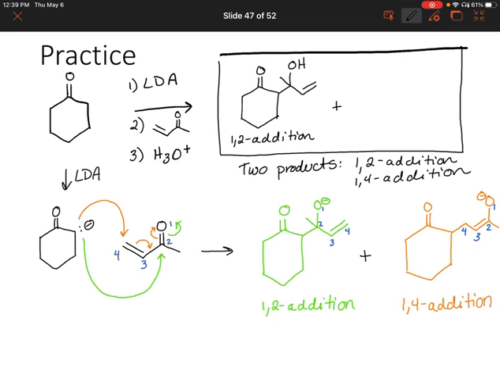And if we add, oh, sorry, I forgot to show that we're adding acid here. If we add acid to our 1,4 addition intermediate, we are going to end up with an enol, and then we said that that would tautomerize into a ketone. So we can just show that oxygen turning into a ketone.